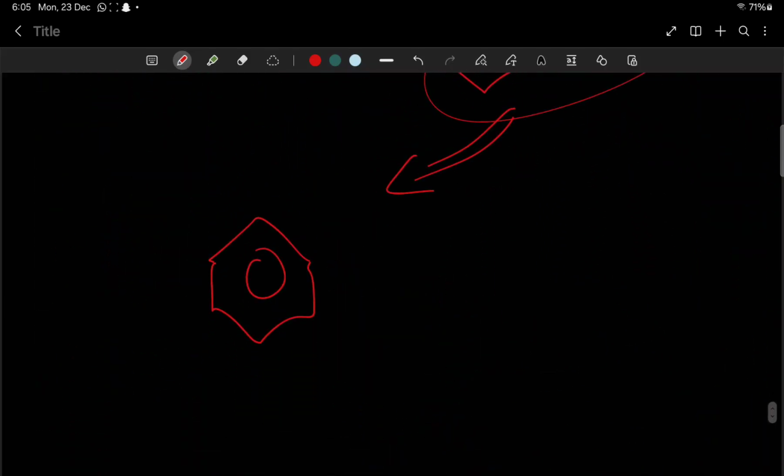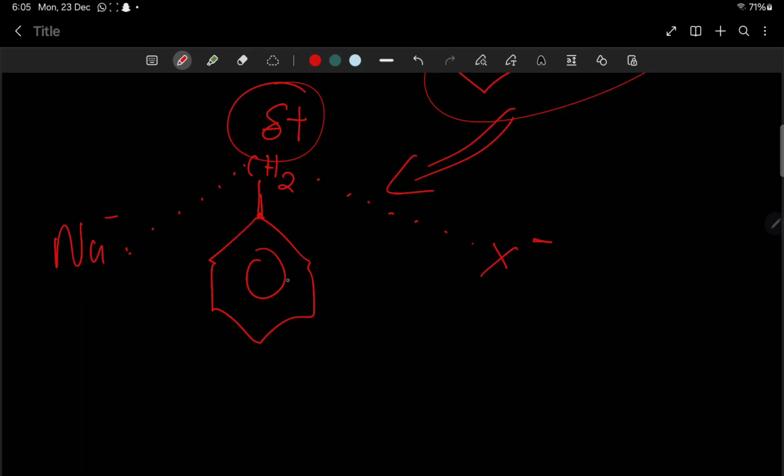During transition state, nucleophile is coming and CH2 is here. A nucleophile is coming. Here a partial positive charge will be developing because some other atom, X minus, is also leaving. So there's a partial positive charge in the phenyl ring.